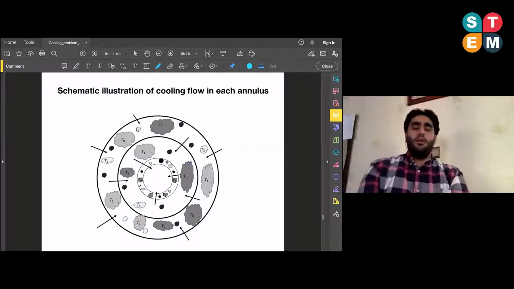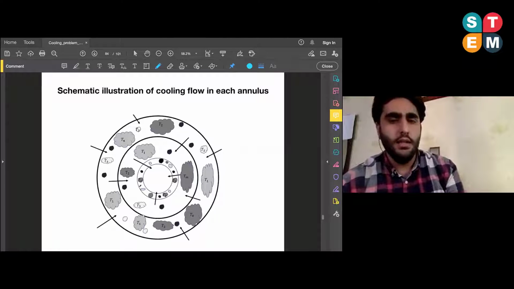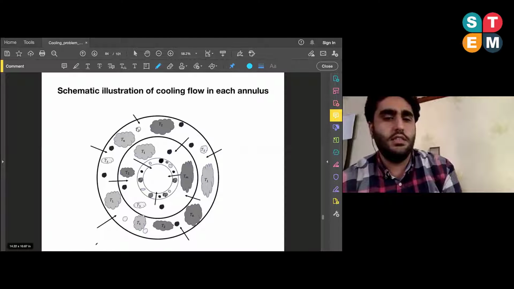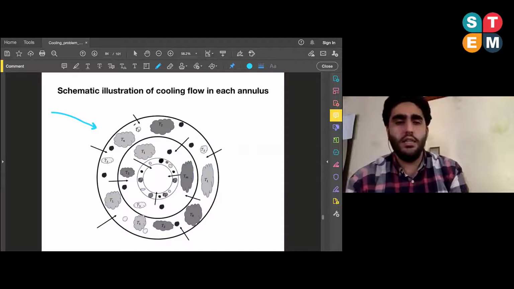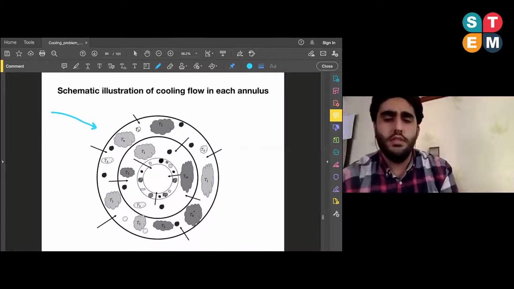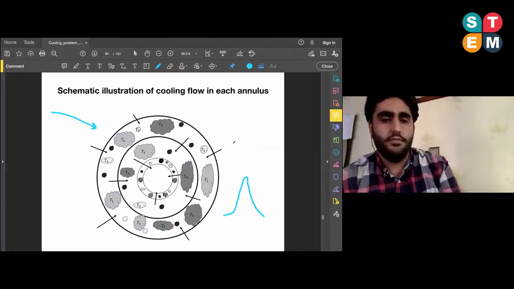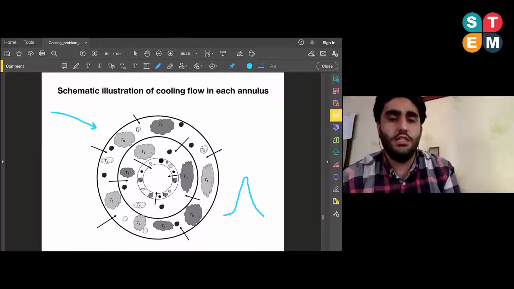In order to understand our proposal more properly, I have provided this slide. If you consider this as a cluster, in each radius and annulus, you can see that there can be different parcels of gas with different temperatures, but in each part and annulus, there will be a probability distribution for temperature for these segmentations of the gas.